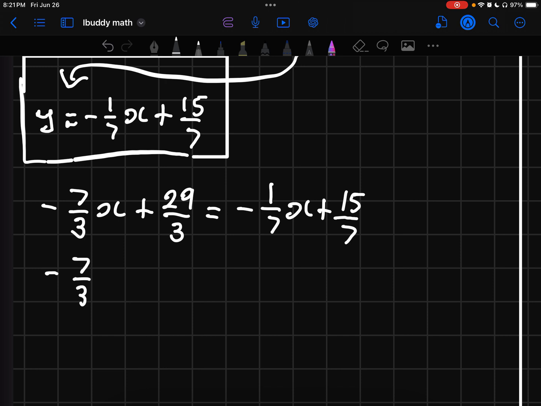-7 over 3x plus 1 over 7x is equal to 15 over 7 minus 29 over 3.